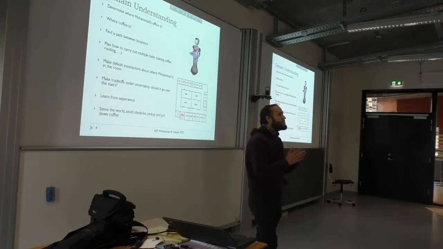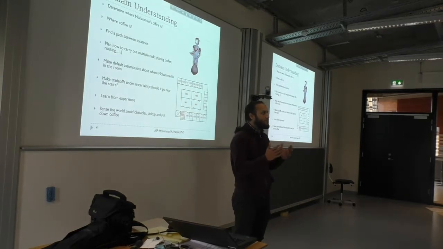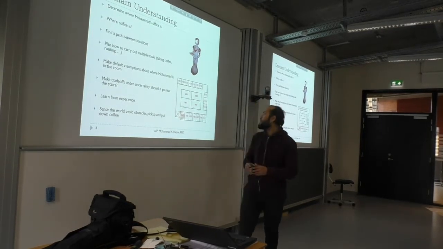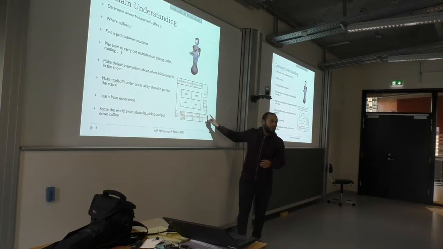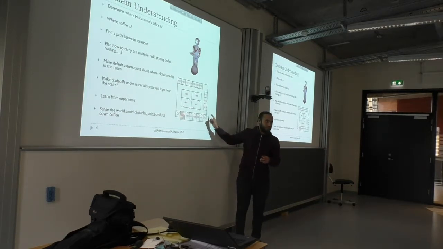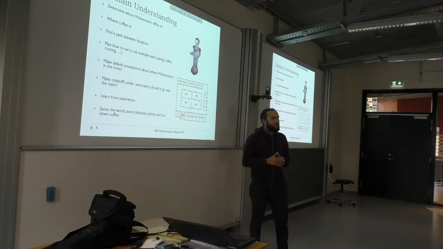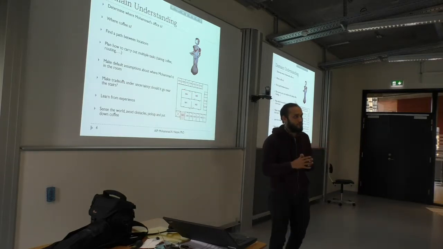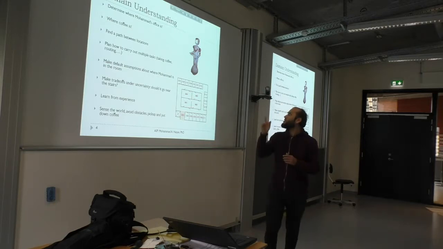So these are different situations, or different scenarios, we can see while this serving robot works in an environment. And when we want to design something, the first thing is realizing all these scenarios. And that is what we call domain understanding.